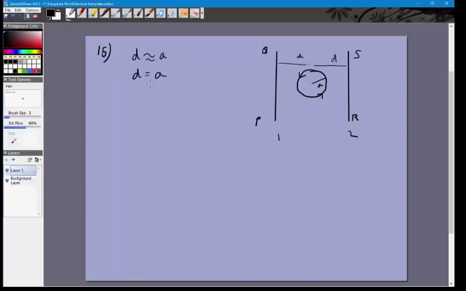Right. It is found that the net magnetic field on the axis of the loop is 0 at a height h above the loop. So we already know what the magnetic field for a loop is.